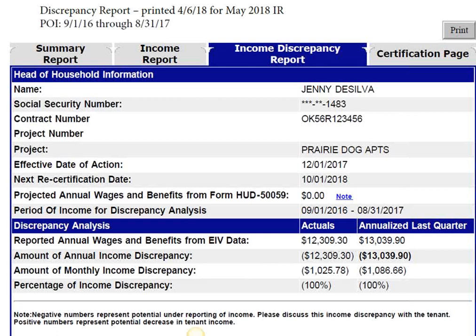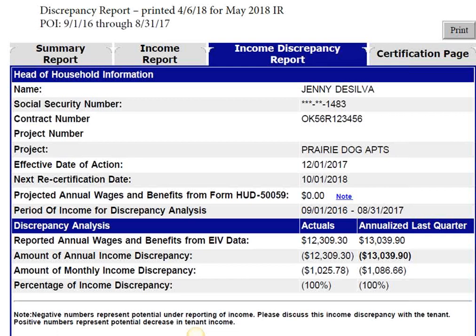So that's the sum of wages, unemployment, and Social Security that showed on the income report. If that's what she earned in that period of income, that's what she should have put on the cert in accordance with EIV. What did we put on that cert?